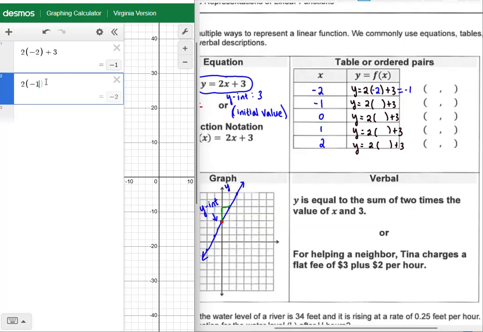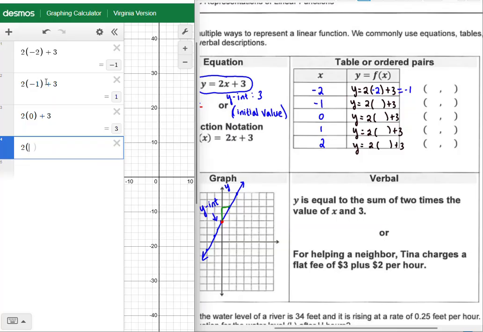I'm plugging in -1 here. 0, +3, 1, +3, and then 2 times 2, and then +3. Oops, this was supposed to be 3. Okay, so there are all of my y values.